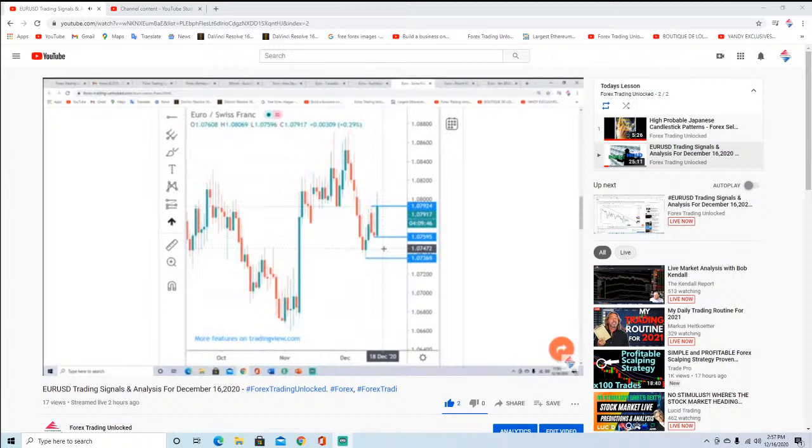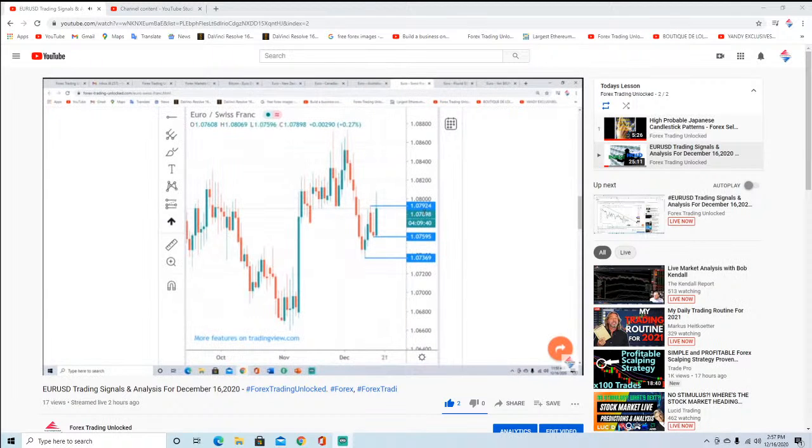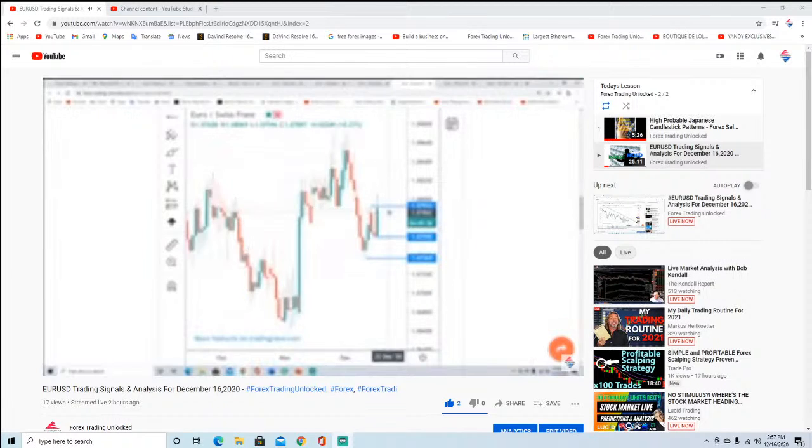Today we made a higher move high. We're trading just below this $1.0792 area. This I think is a critical pivot point.